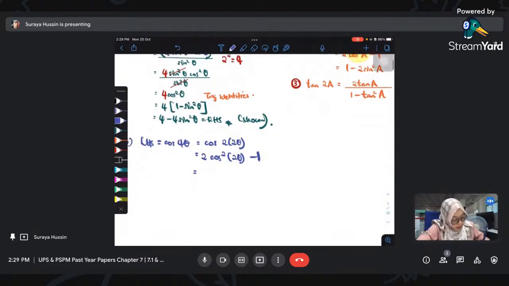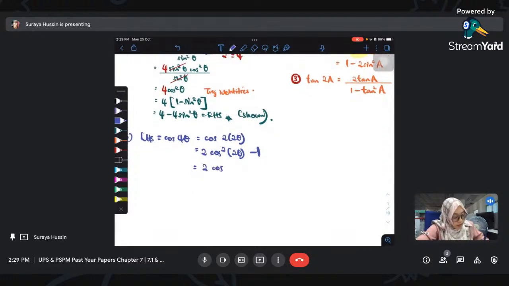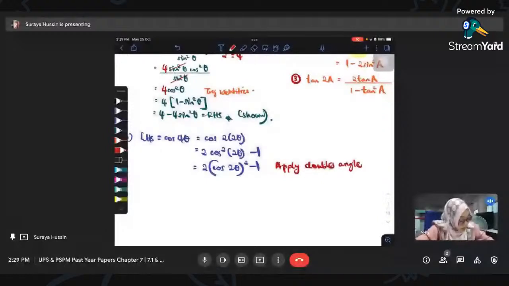Okay. And then you juga tahu you boleh keluarkan square ini. You can bring the square outside and you will apply double angle formula again. See? Macam tu je, you bermain dengan dia lagi sekali and you just gotta sub in what you think that's suitable.